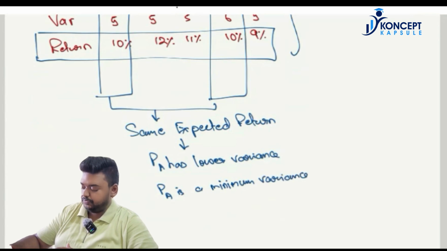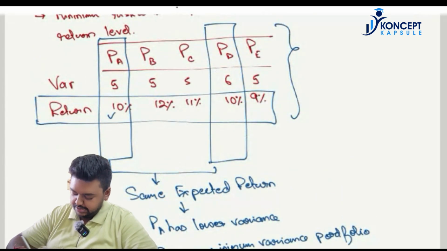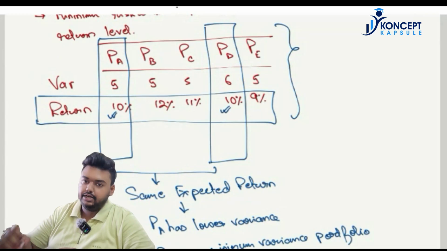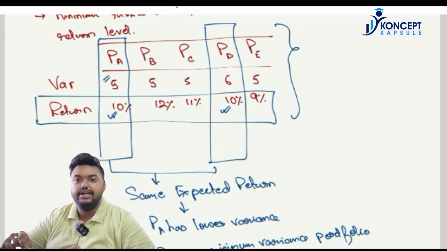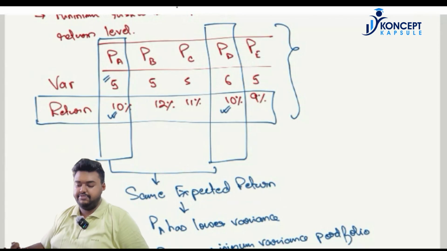Why? Because at the given level of return, which is 10%, PA had the minimum variance or the minimum risk. Are we clear? Guys, are we clear?